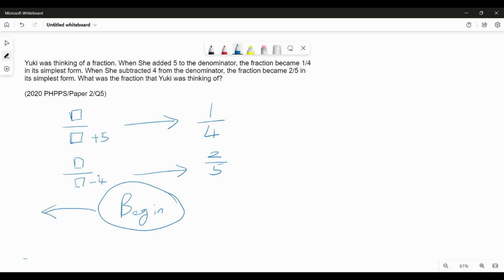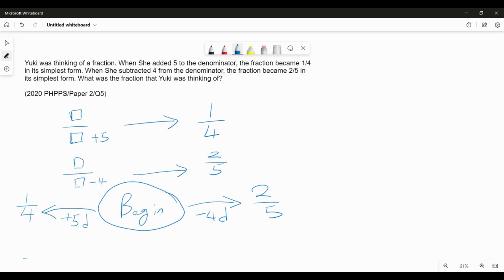First, I plus 5 to the denominator, I will get 1/4. And if I minus 4 from the denominator, I will get 2/5. And you notice that both arrows go in different directions.